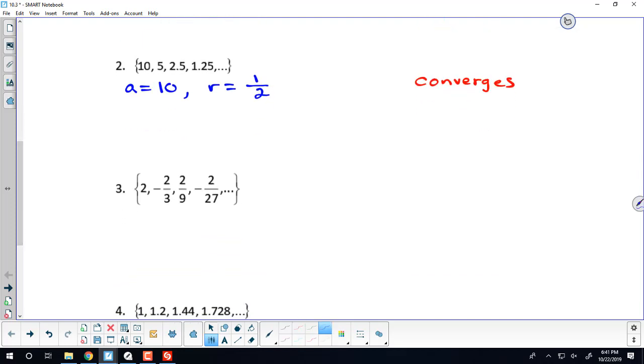How about example 3? What's our common ratio there? Negative 1/3. So each subsequent term is obtained by multiplying by negative 1/3. Convergence or divergence there? Convergence.